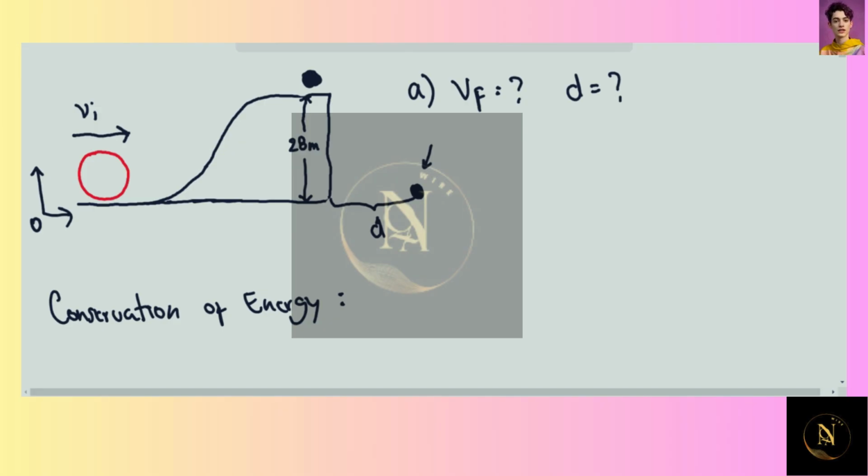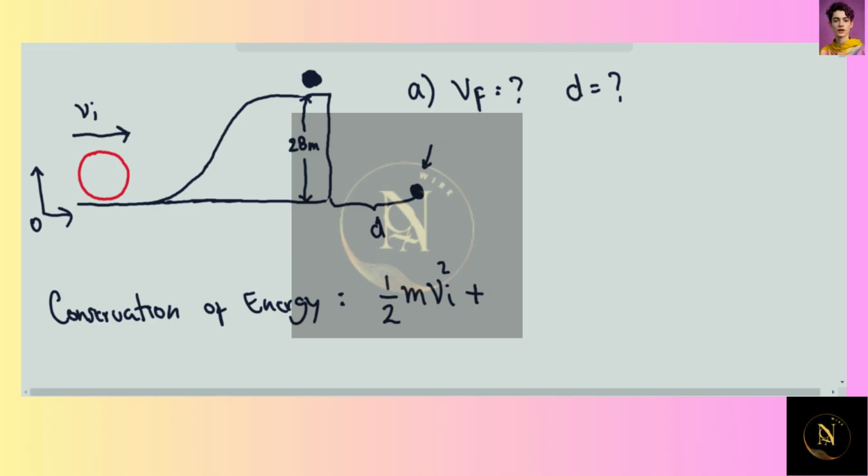So we begin with zero potential energy because it's at the zero, and so we will have only kinetic energy. We know the form of kinetic energy. This is 1/2 of the mass of the ball times the initial velocity squared, plus we know that the ball is rolling up this cliff.